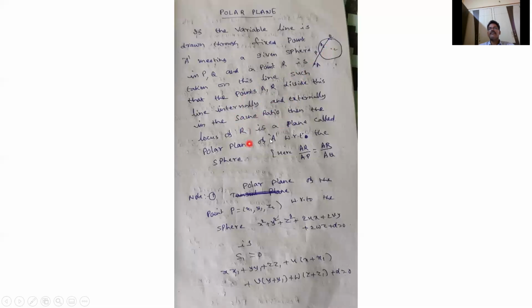Then the locus of point R is a plane. This plane is called the polar plane of A with respect to the sphere, and the point A is called the pole of this polar plane.